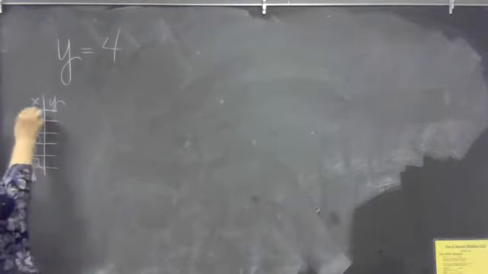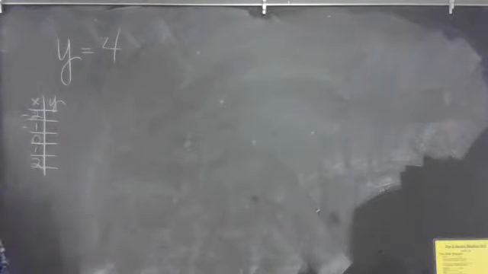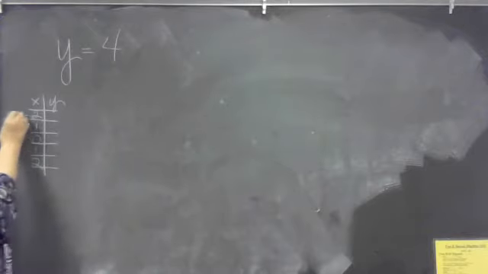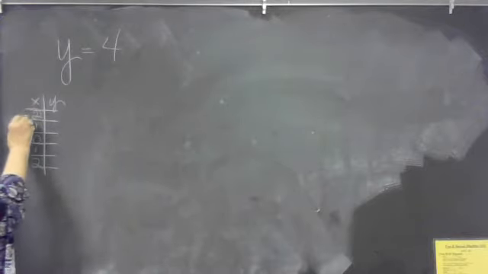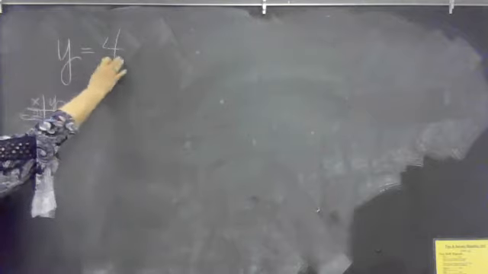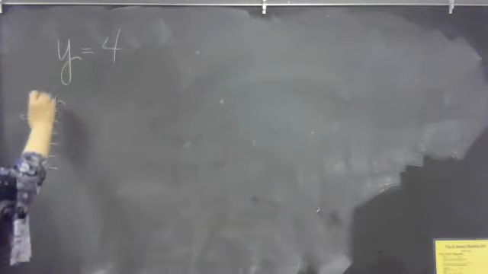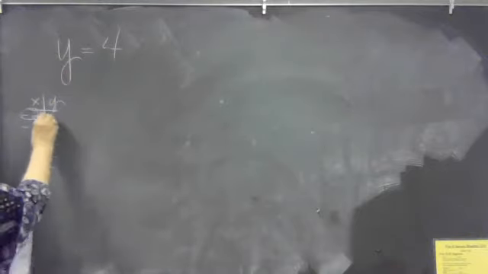And now I'm going to plug these in and find out what y equals. So if x is -2, there is no place to put an x. So what does y equal? Y equals 4. Do y'all see? Because there's no place for an x.